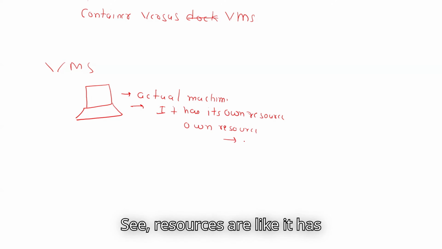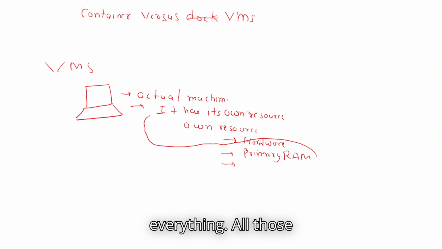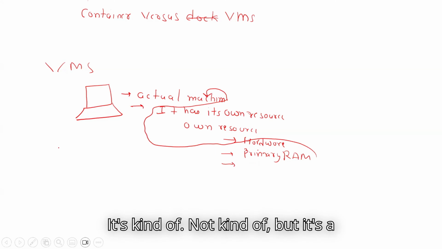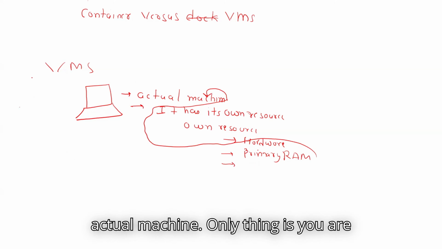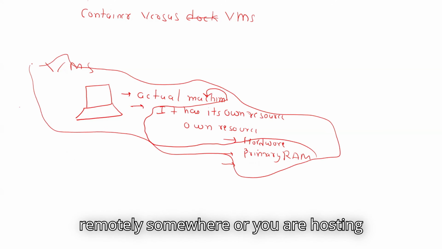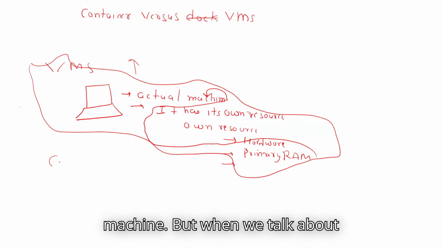Resources are like it has hardware in place. It has memory, primary memory, RAM, everything. All those resources are available to the VM. It's not kind of, it is an actual machine. The only thing is you are trying to connect to that machine remotely somewhere, or you're hosting it locally. That's what a virtual machine is.